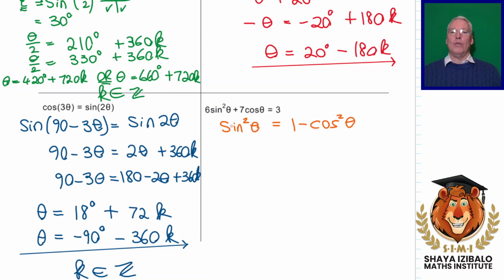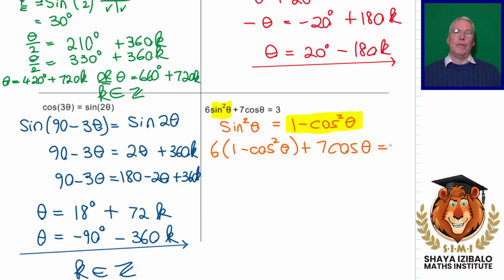So what we're going to need to do is substitute that into there. Right, so our equation is actually going to look like 6 times 1 minus cos squared theta plus 7 cos theta equals 3.